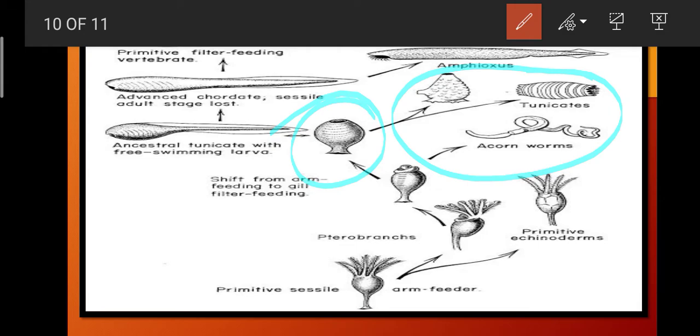This larva is also called the tadpole larva, because it is tadpole shaped. It is not actually a tadpole, it just resembles one. This is actually an Ascidian larva.